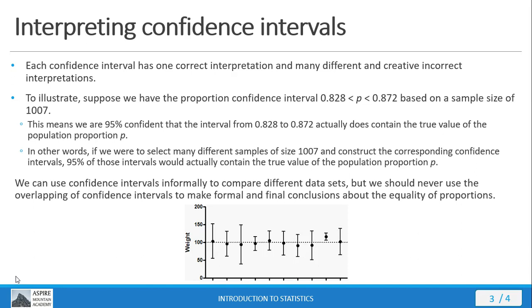Hypothesis testing on proportions is more sure than constructing confidence intervals on proportions. And so for this reason, confidence intervals are not preferred for making formal and final conclusions about the equality of proportions. We leave that to the hypothesis testing. And as I said, we'll discuss that in future mini lectures.